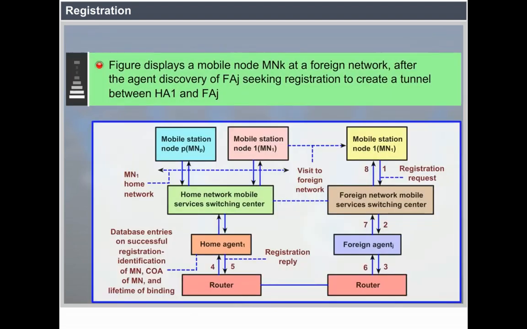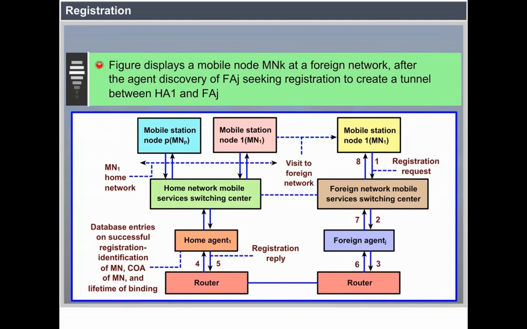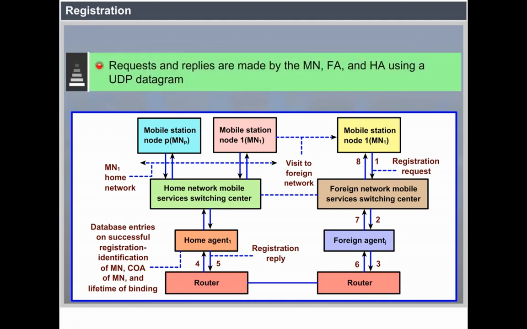Figure shows a mobile node MNK at a foreign network after agent discovery of FAJ, seeking registration for creating a tunnel between HAI and FAJ. Requests and replies are made by the MN, FA and HA using a UDP datagram.